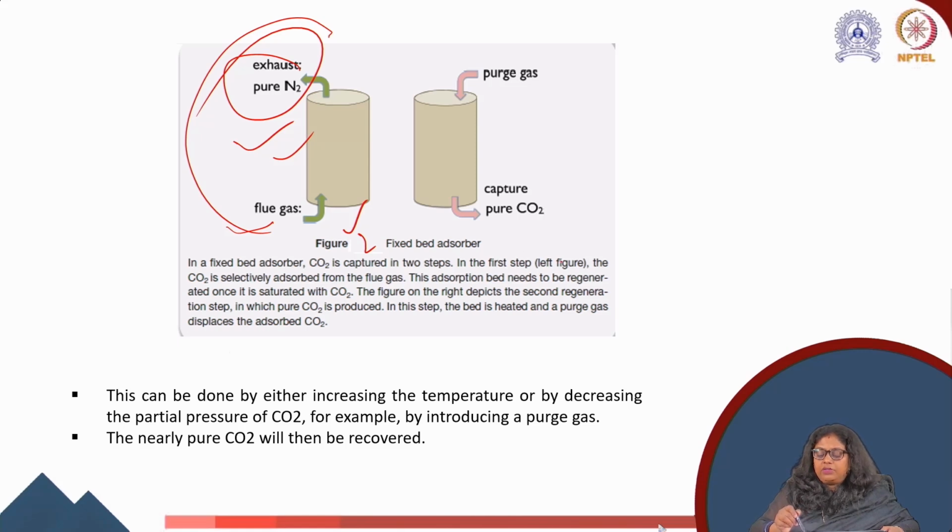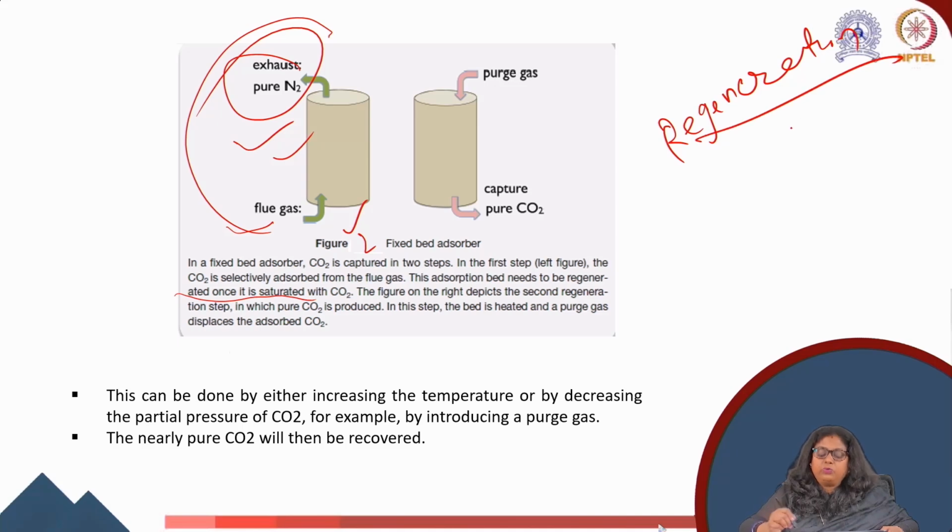This adsorption bed needs to be regenerated once it is saturated with CO2. When the bed is saturated with the adsorbate, we go for regeneration. The figure on the right depicts the second, regeneration step, in which CO2 is produced.